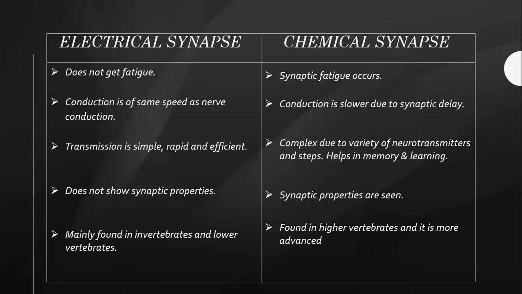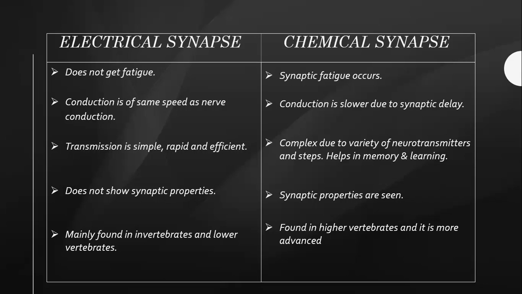In electrical synapse, it does not show any synaptic properties, whereas chemical synapse shows synaptic properties. These electrical synapses are mainly found in invertebrates or in lower vertebrates, and chemical synapse is found in higher vertebrates and is more advanced. So, as we discussed, chemical synapses and electrical synapses have their own advantages and disadvantages over each other.